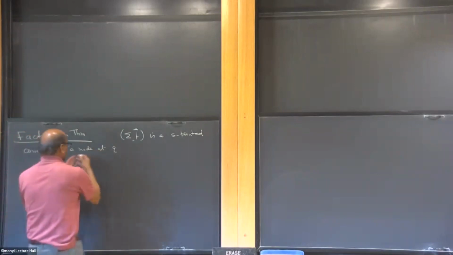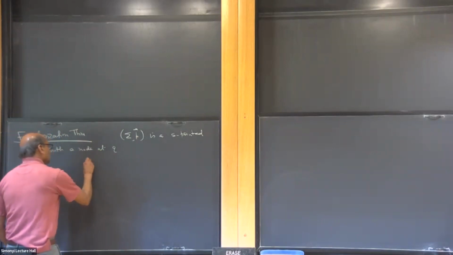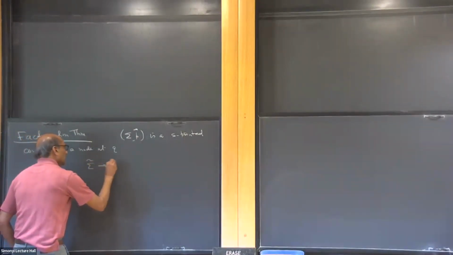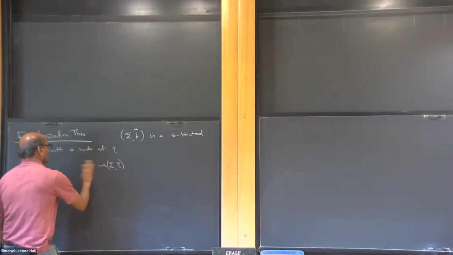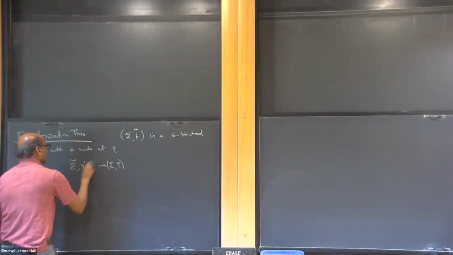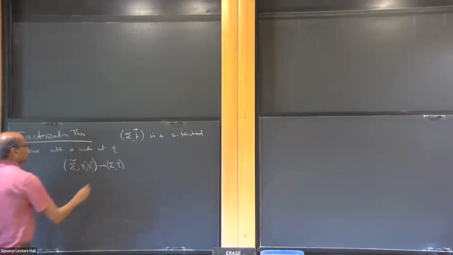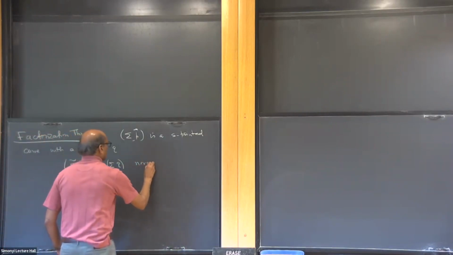It may have other nodes, I don't care. Now we take the Sigma twiddle to Sigma, and I just normalize the point Q. So I'm going to put Q prime and Q double prime here. So this is normalization at Q.